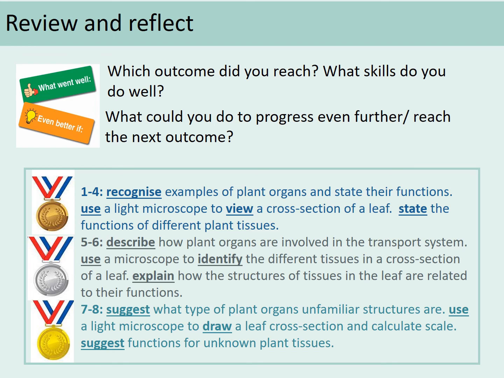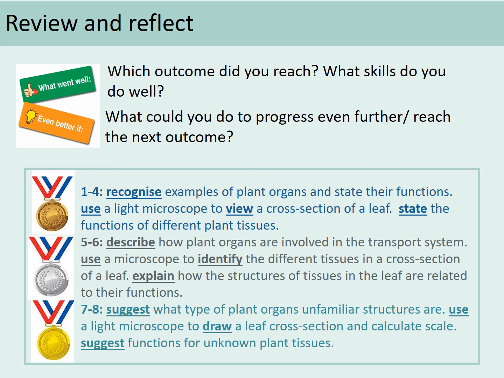We need to also, for 5 and 6, be able to explain how the structures of tissues in the leaf are related to their function. So that is looking at how palisade cells are adapted, so tall, containing lots of chloroplasts, or how the mesophyll is adapted, so that's creating those air spaces, and the epidermal tissues with their waxy cuticle.